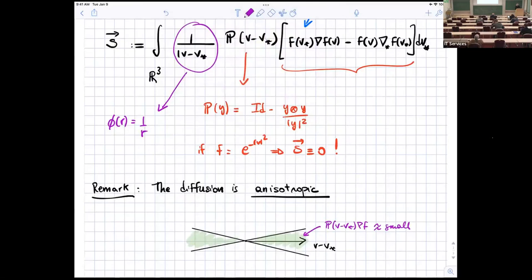So if the gradient of f belongs to the green cone, then the scalar product is very small.